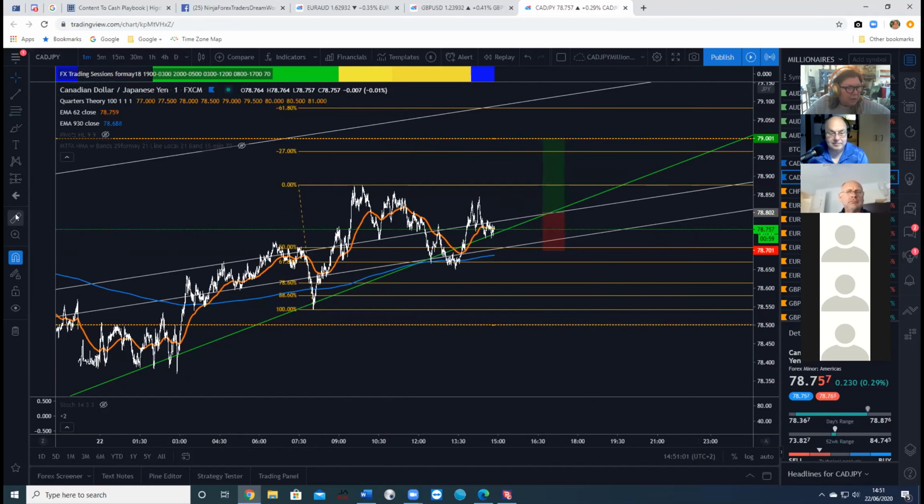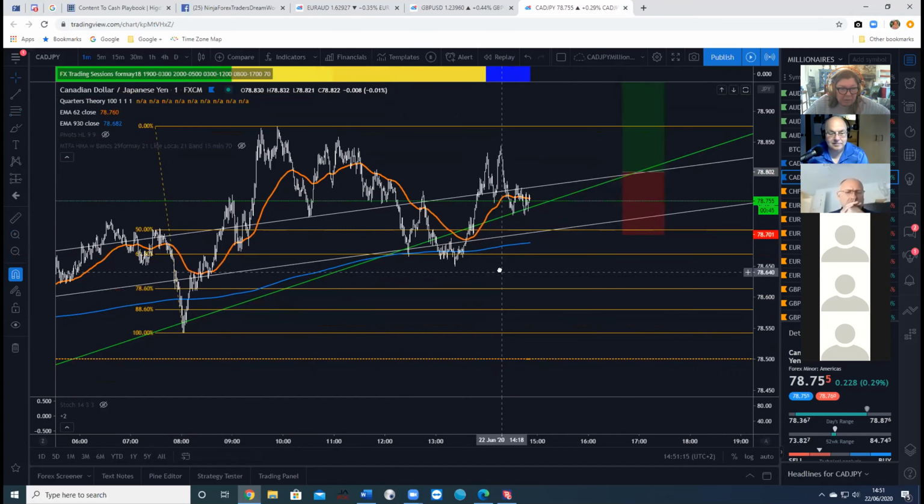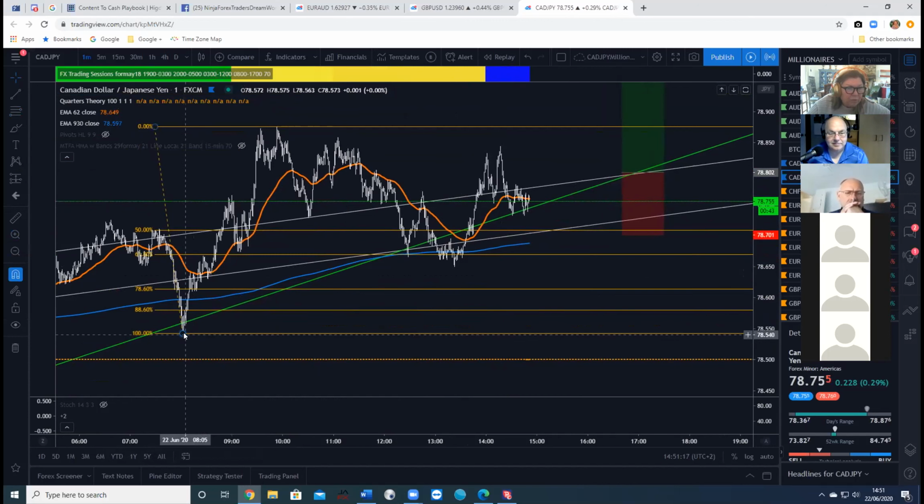And that's stalled out on there for nearly half an hour as well. Just magnify it for you. So there's your fib, low to high, past to present.